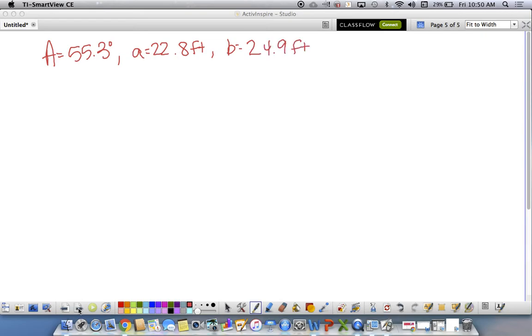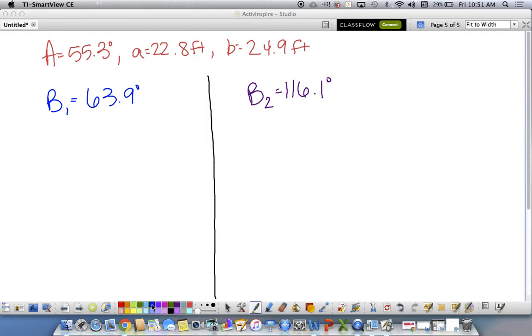We solved and found B1, which was 63.9 degrees. Our B2 was 116.1 degrees. Now we're going to have to solve both of these triangles independently of one another.